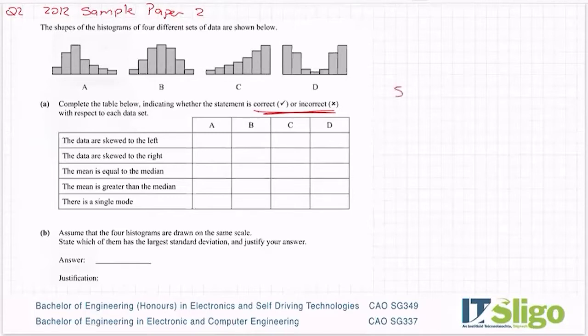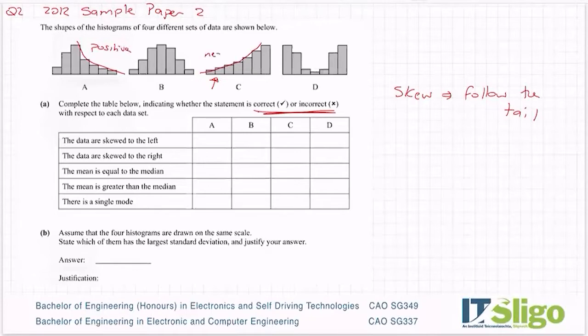Okay, so for skew, I suppose the trick of the trade is to follow the tail. Okay, so that means I'm going to show you that it's actually C. This is the tail of the data. So you can see it has tailed all the way down here, whereas this one is a positive tail or skewed to the right.